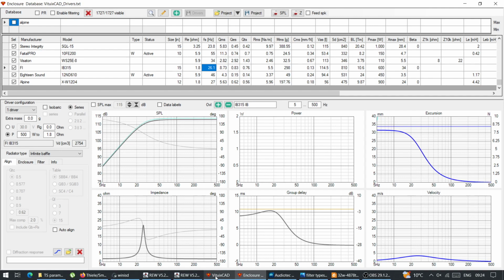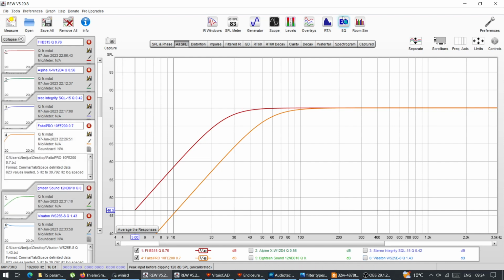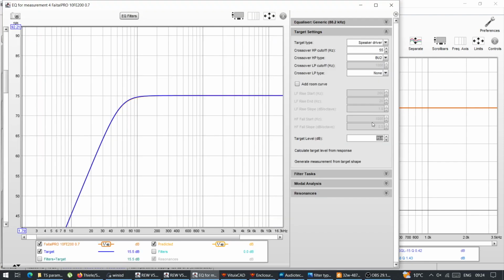And you can see that here, the difference is where it starts to roll off. So the Fs kind of defines where the driver is rolling off. If I have this Fatal Pro EQ, it matches, it's just overlaid so you cannot see, 75.